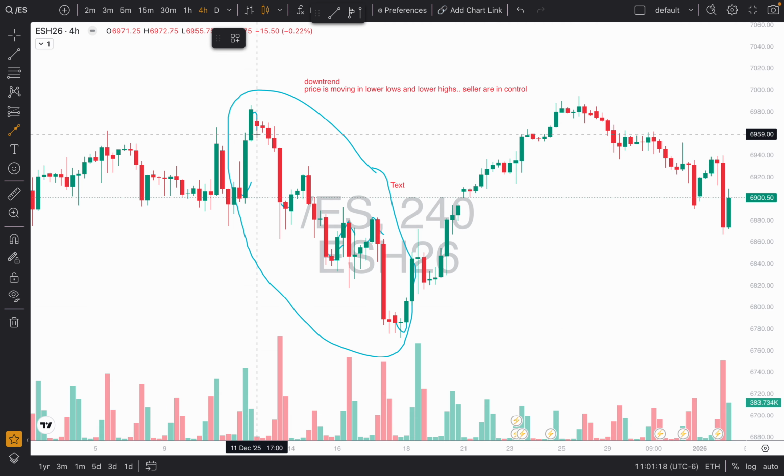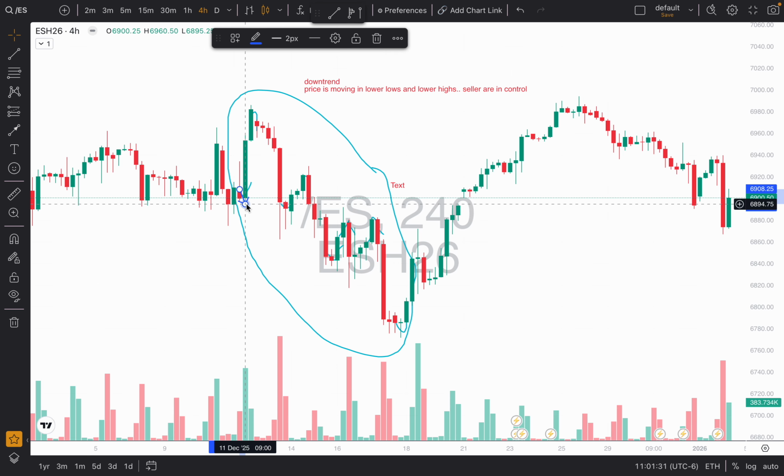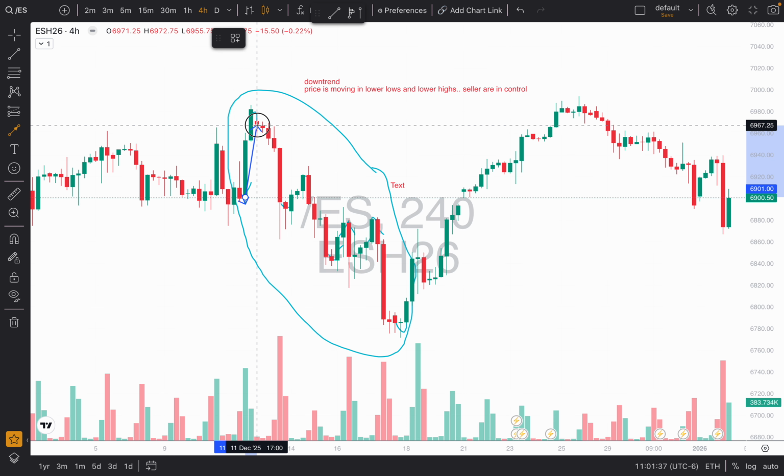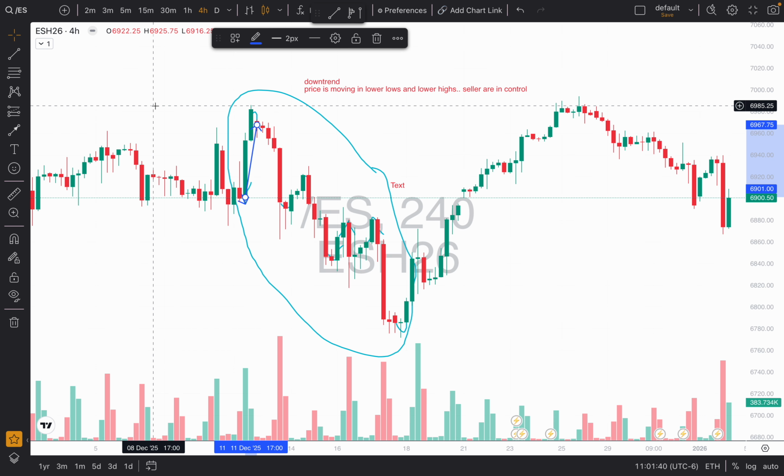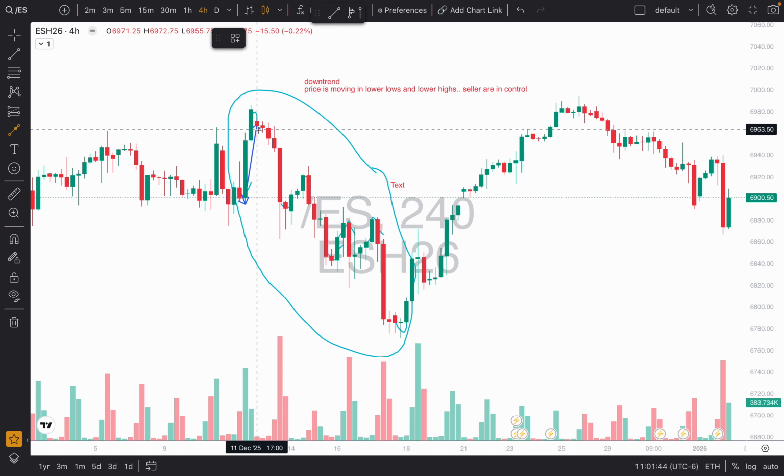Let me start with the lows. This is a low. This is a move down, and move up. And we're going to have another move down, which is a lower low.